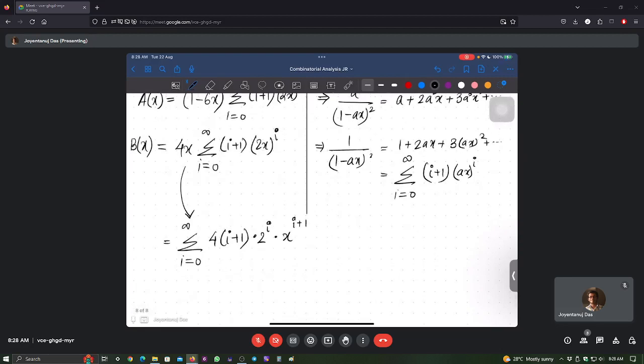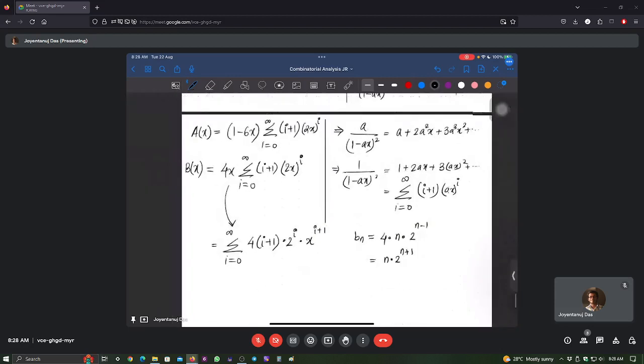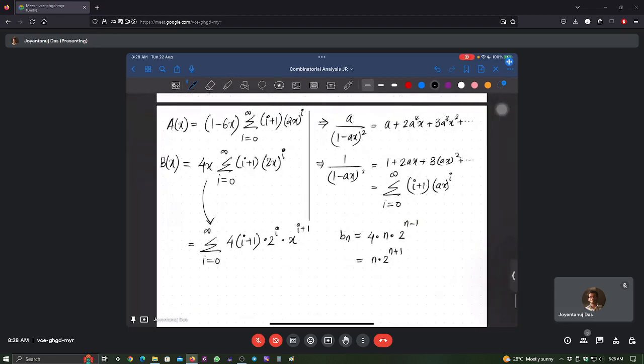So bn will be nothing but 4 times n times 2 power n minus 1, so n times 2 power n plus 1. So this is bn. And from here an is slightly complicated, but that also you can do. Let me copy it.